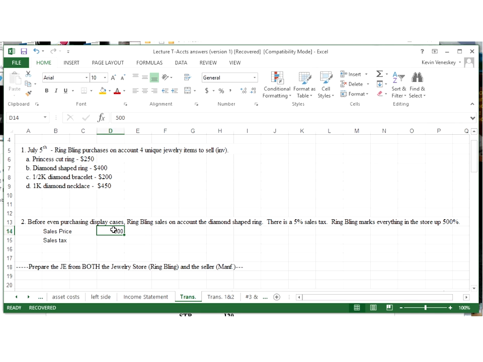Oops, not 500, that's 500%. So the sale price is actually $2,400. The sales tax is 5% of my sale price, so 5% of $2,400 is $120. So the total that I'm going to be charging my customer based on this information is $2,520.